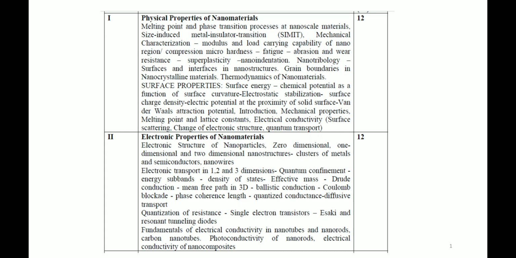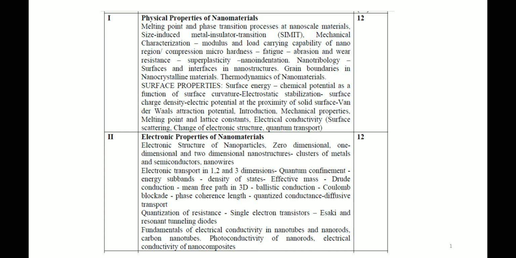Or you can think about the strength of the material and the hardness of the material. These are the mechanical properties of nanomaterials, and how the thermodynamics of these nanomaterials is going to change. That comes under the physical properties. Second is the electronic properties.